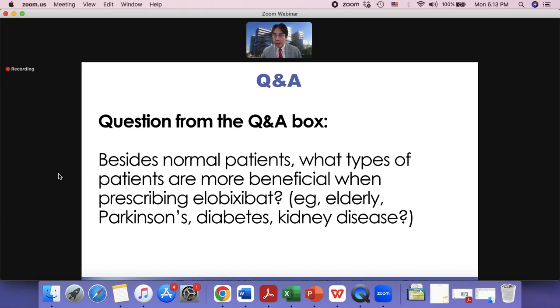So that is a very strong effect, especially even for Parkinson's disease or kidney disease and the elderly patient, because in the elderly patient, lower motility of the colon is reported. So before using the stimulant laxative, Elobixibat is a good choice for these patients.